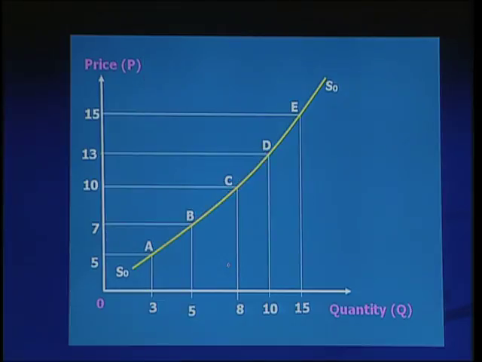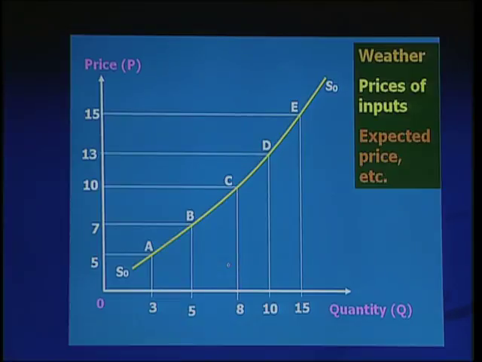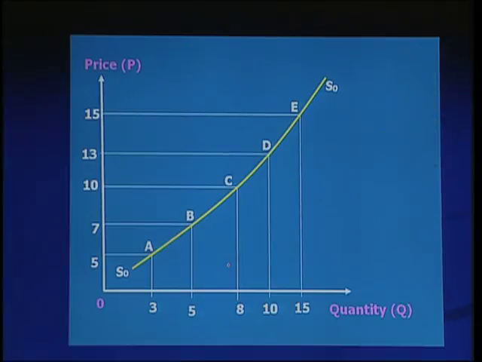So, what happens if other factors which determine the supply of a commodity are changed? Suppose the weather worsens. If the weather gets worse, what happens to the supply? The production of the commodity decreases.